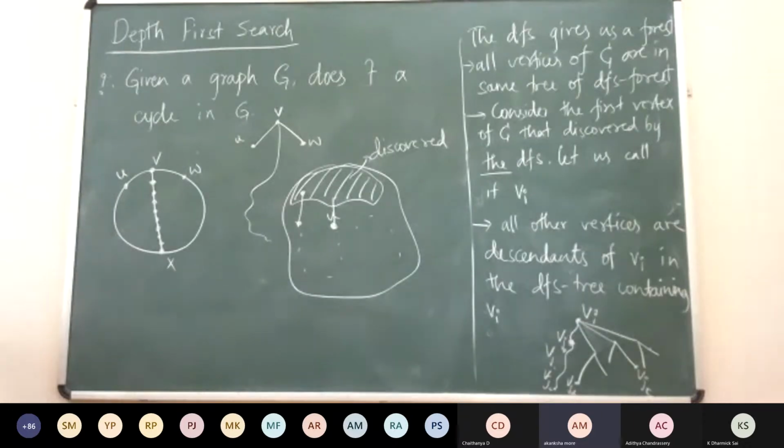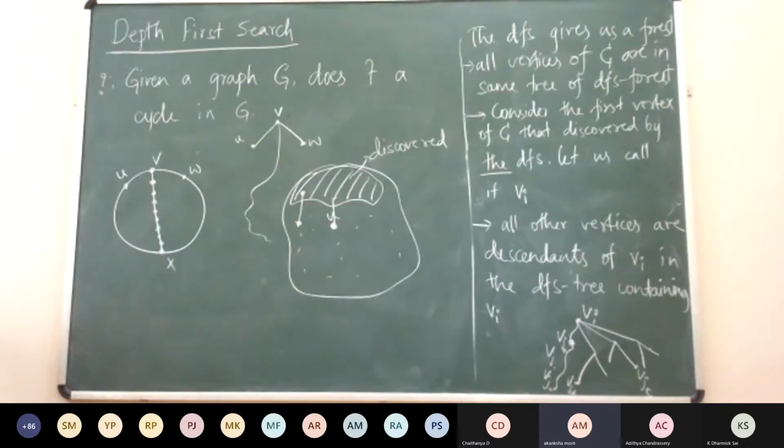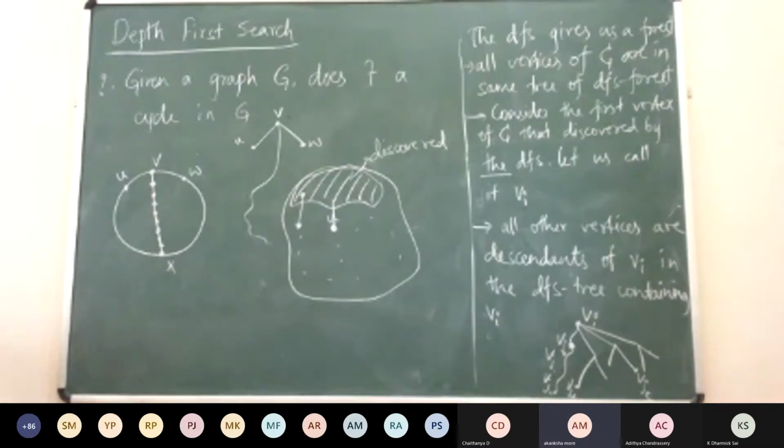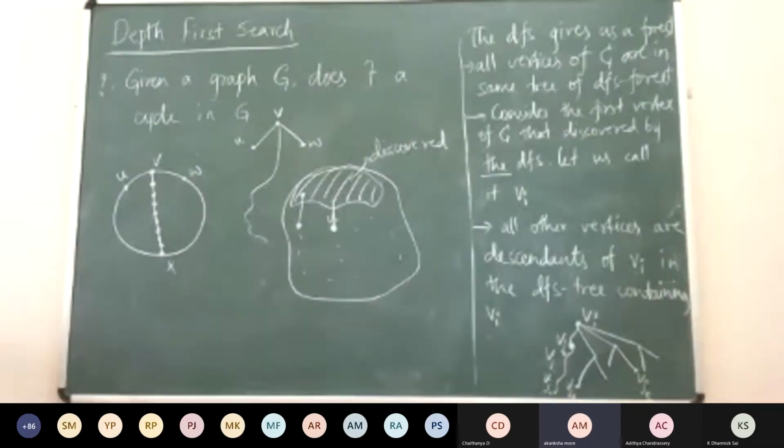Now if we try to add V, since there already exists a path between U and W, we cannot add both the edges UV and VW, because then again we'll get one more path between U and W. It might form a cycle, so we can add only one edge to it.